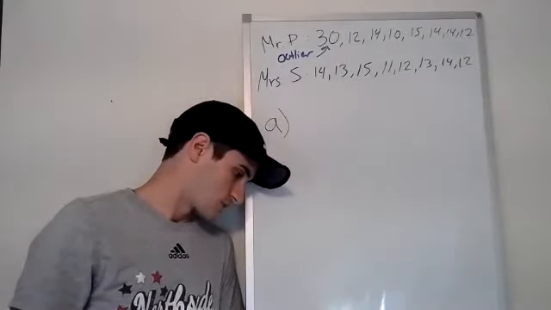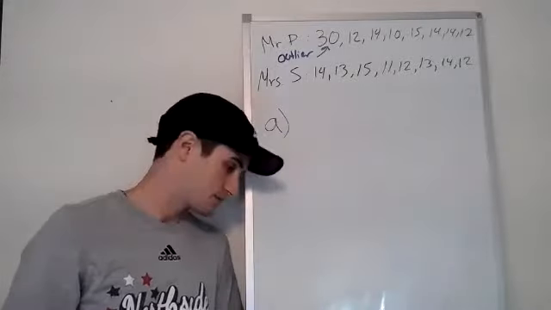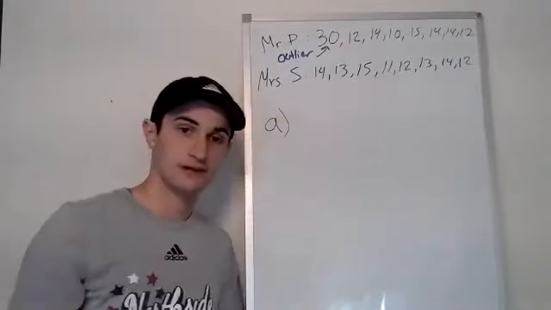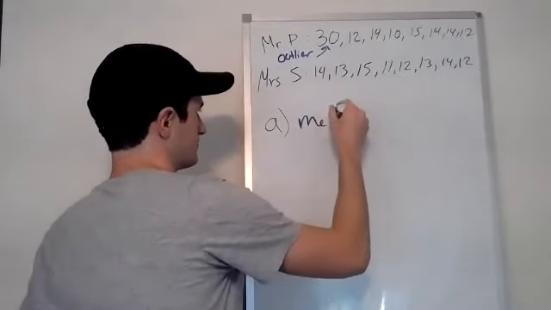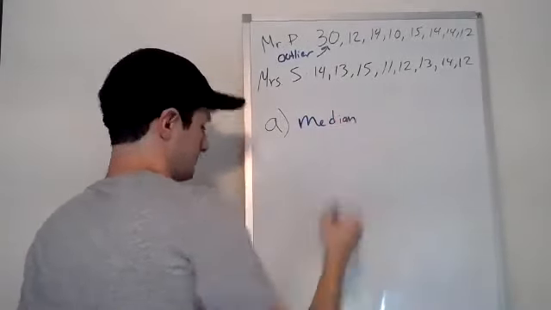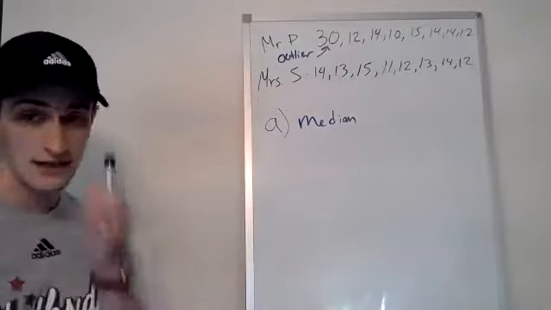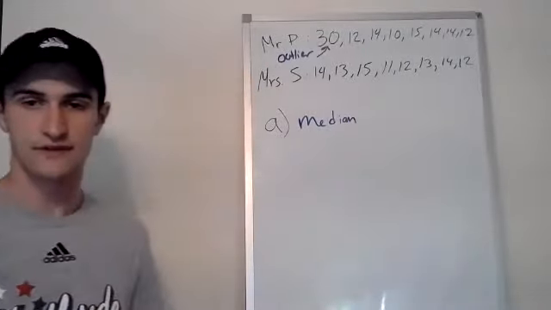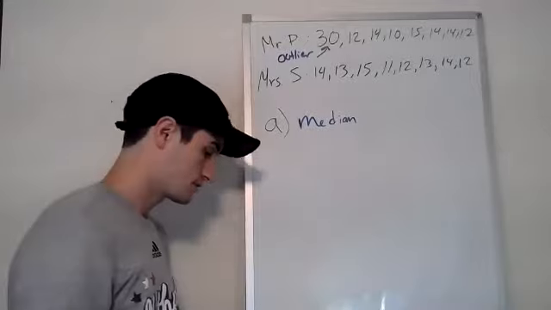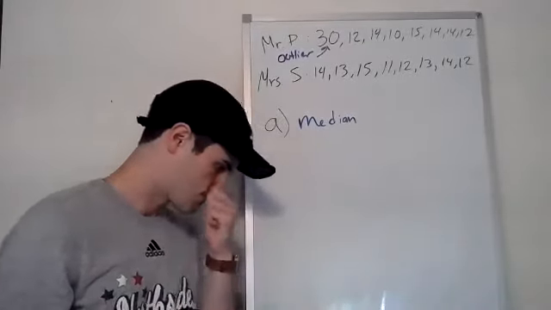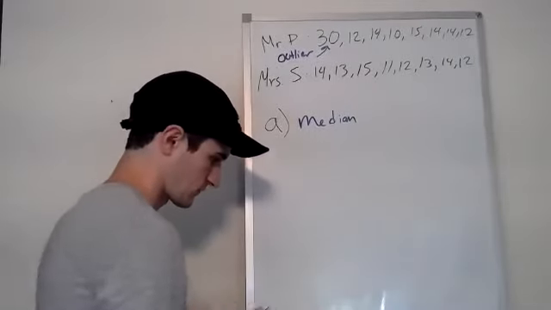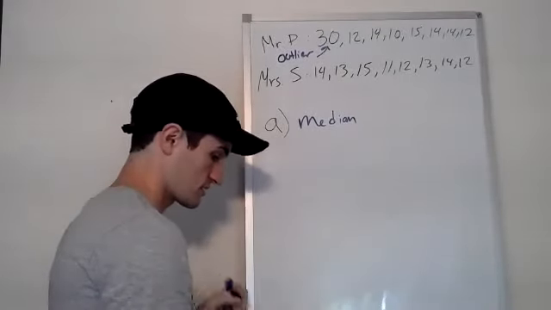All right. So part A, you can put Mr. Parker's class has an outlier. So we should use the median. All right. And now part B, it says compare the two classes and figure out which one has the highest number, right? So the greatest number of digits memorized.